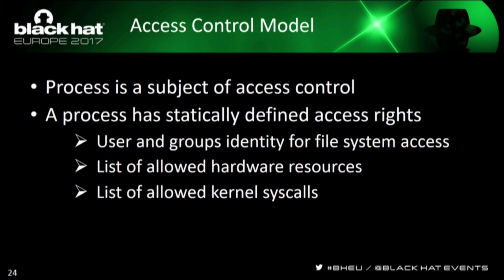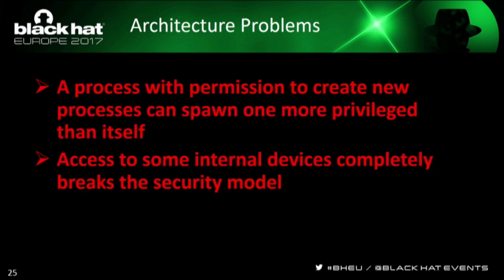This scheme results in the following architecture problems. The first and most important is that a process can elevate its privileges by spawning a new process with high access rights. It is only possible if a process can create new processes, so it has access to those kernel services.